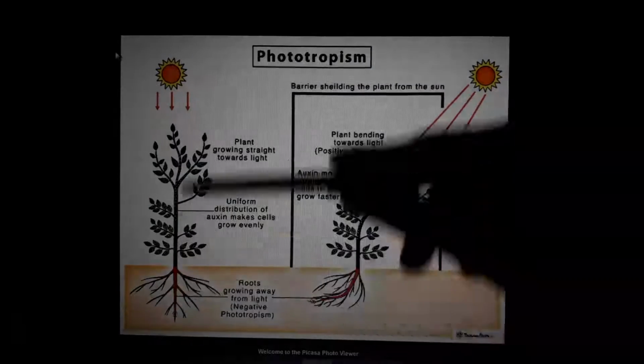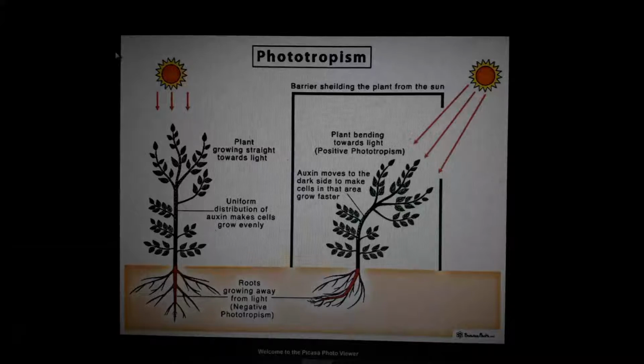So equal growth, straight growth is occurring. But in this case, sunlight is only coming from one part. See, this is a barrier which holds the sunlight, and only from this part sunlight is coming. So auxins are very shy of sunlight, so they will go to the opposite side and start growing there. That's the reason the plant is bending.